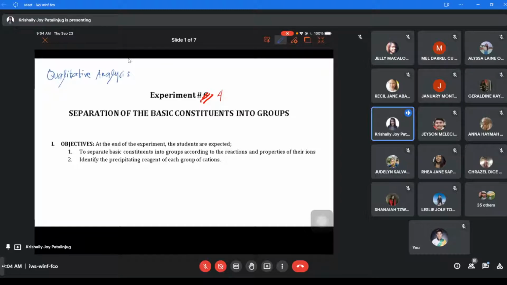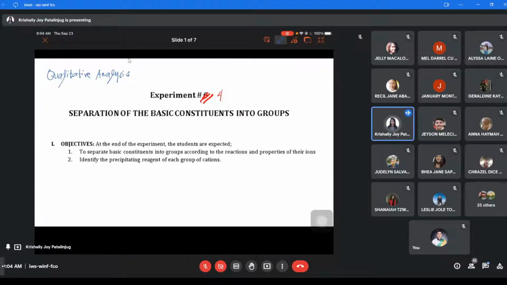Remember, this is the heart of the laboratory activity in PChem 1. If you recall the description of this course, Pharmaceutical Inorganic Chemistry with qualitative analysis. So we will now begin those experiments in relation to quali analysis.